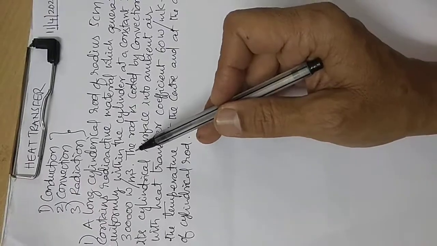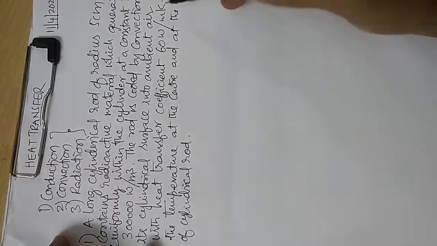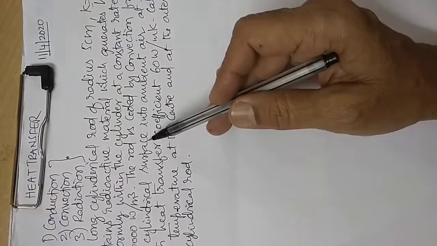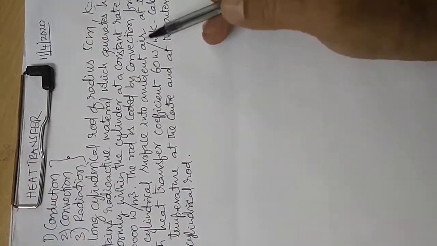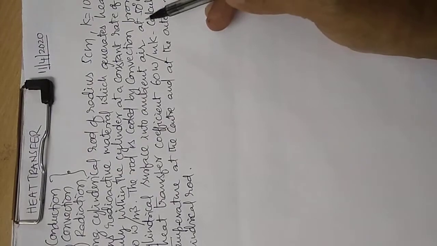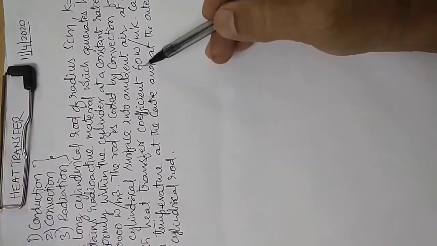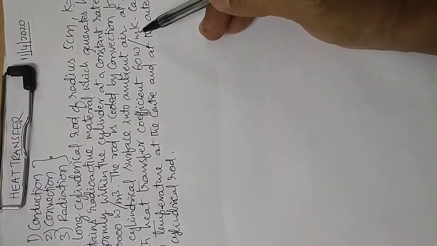That is the rate of heat generation, and the rod is cooled by convection from its cylindrical surface into ambient air at 50 degrees centigrade with heat transfer coefficient 60 watts per meter Kelvin. Calculate the temperature at the center and at the outer surface of the cylindrical rod. So this is the problem they have given.